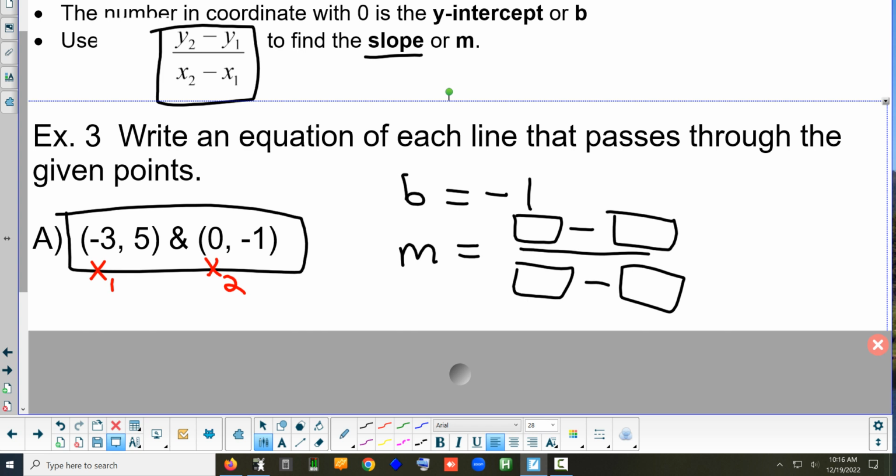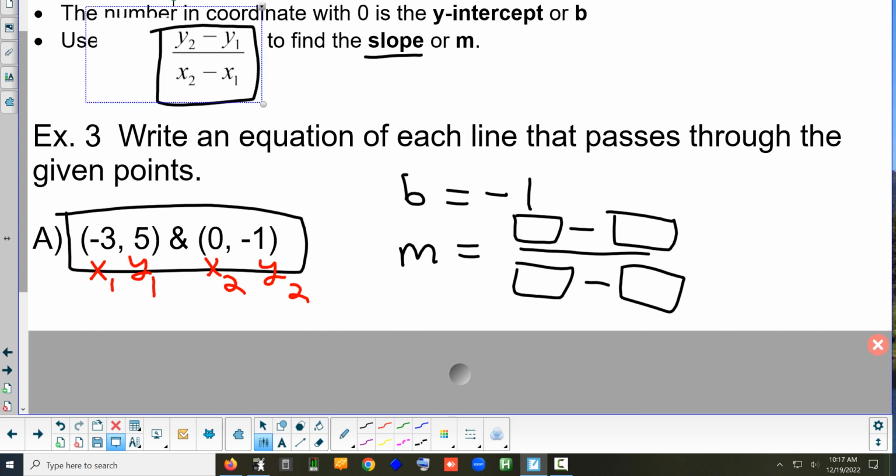That's going to be my first y value. And the negative 1 is my second y value. So each coordinate has an x and a y in it. The first coordinate, I call my first x and my first y. The second coordinate, I call my second x and my second y. Now fill in these 4 numbers in the 4 spots that it says to up above.